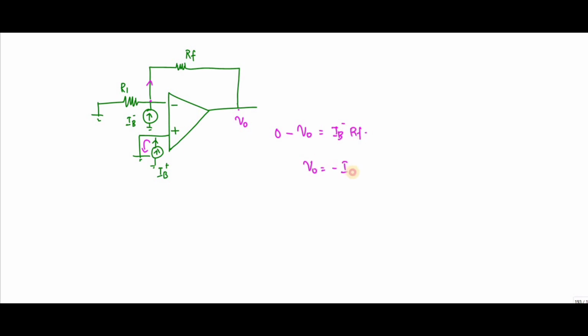So V0 is equal to minus IB minus RF. So you can see that instead of 0 voltage, I am getting V0 equal to minus IB minus RF. So this has to be 0.